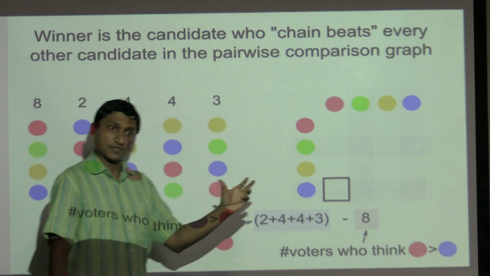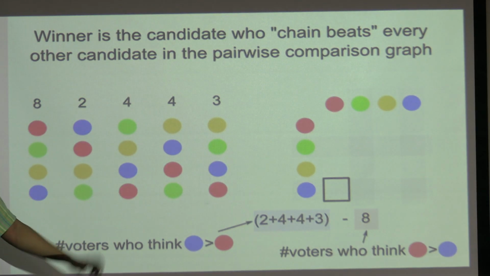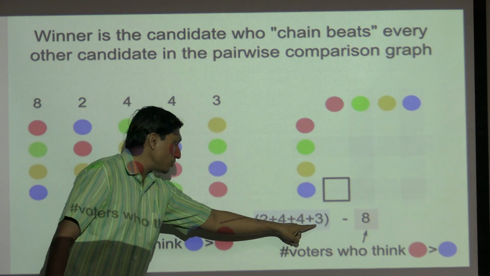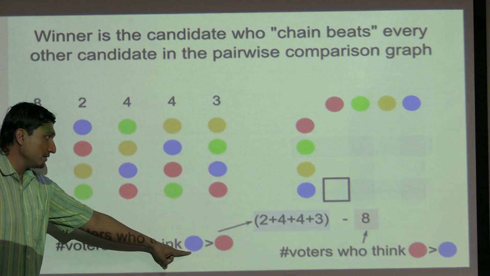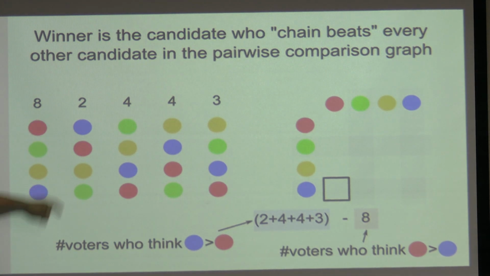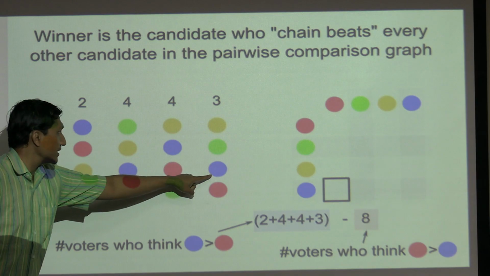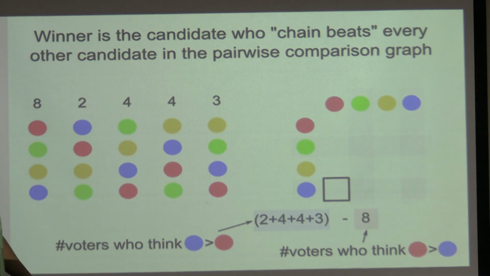It looks at that difference. So these are the voters who think purple is better than red, these guys and those guys, 2, 4, 4, 3, and minus the number of voters who think the opposite, so these guys.